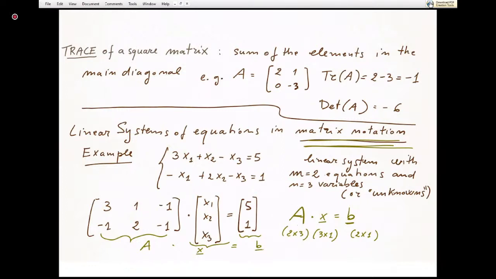This is really important because next we will study linear systems of differential equations, and the stability properties of these linear systems will depend on the properties of the matrix of the coefficients.